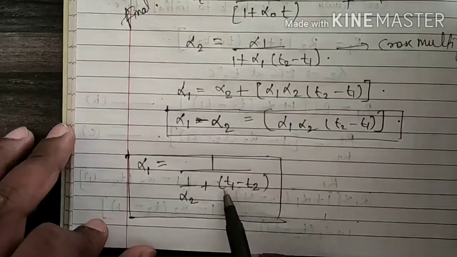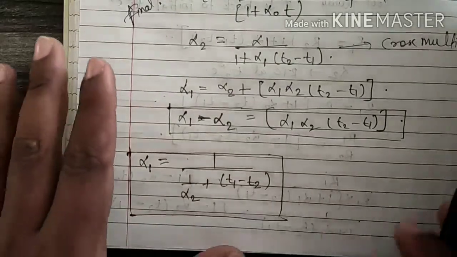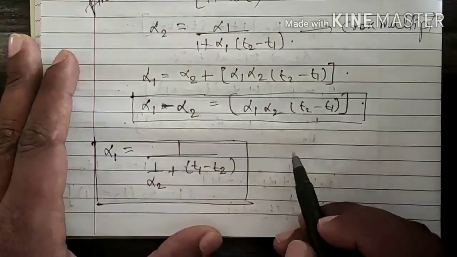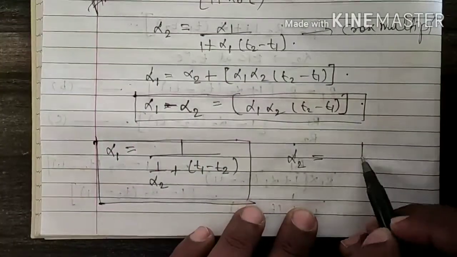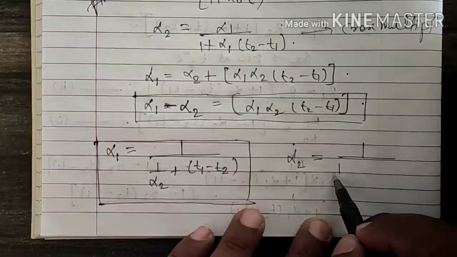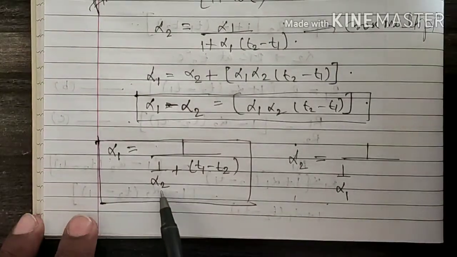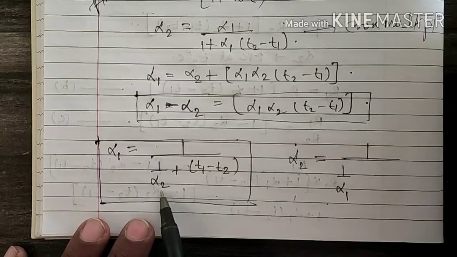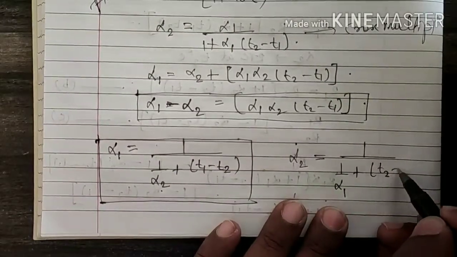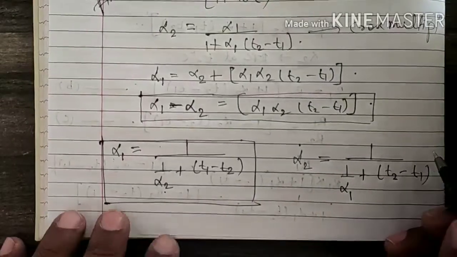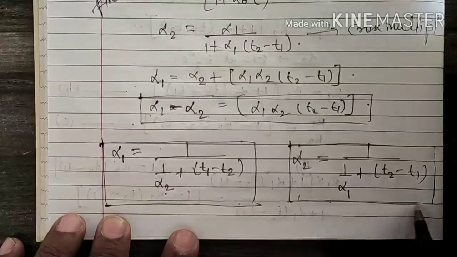If I have two temperatures and my alpha 2 value, meaning RTC value, then my alpha 2 will become 1 upon (1 by alpha 1 plus, if it is alpha 1, then we have to take the denominator alpha 2) and here T2 minus T1. Okay, so this is the alpha 2 expression.